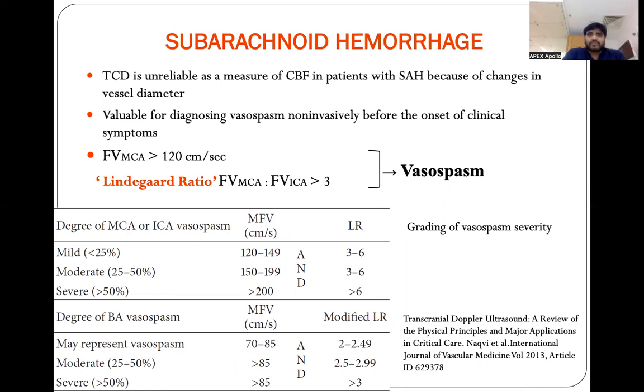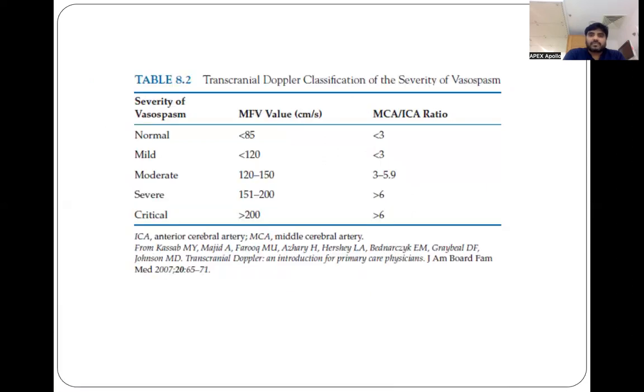There is a ratio called the Lindegaard ratio. The flow velocity ratio between MCA and ICA, if it is more than 3, signifies vasospasm. A Lindegaard ratio of more than 3 is mild vasospasm. If it is more than 6, that is severe vasospasm.